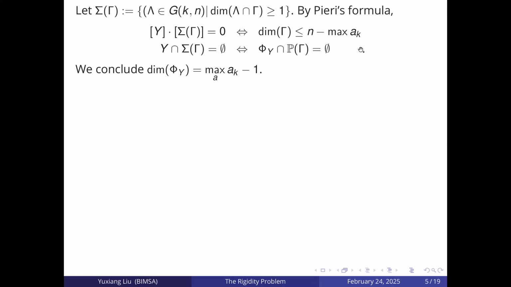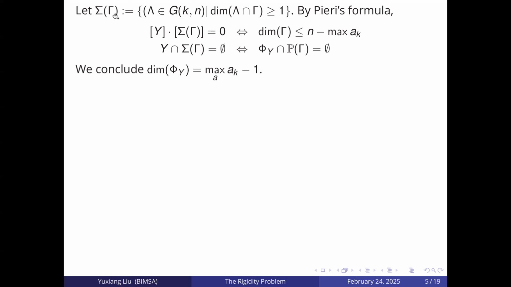The proof is straightforward. We take a subspace gamma in general position, and we consider the locus of all k-planes that meet this gamma in dimension at least 1.